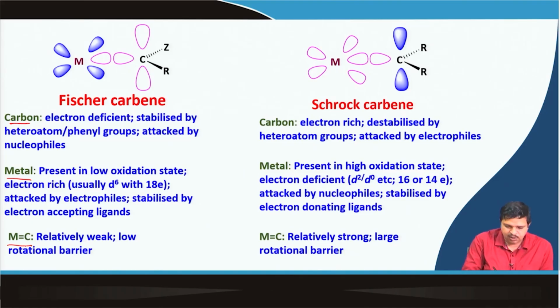Now this is the Fischer carbene complexes. We already discussed that the carbon is electron deficient. That means it acts as C delta plus, M delta minus, and why it is deficient we have already discussed.